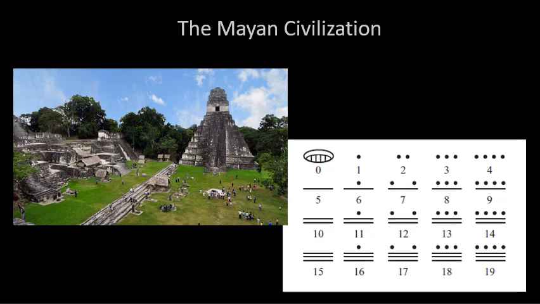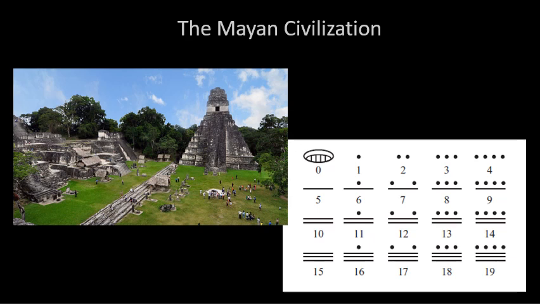Now, the good thing about this civilization is that they had a form of writing, which were hieroglyphs, and for numbers, they had a specific number system. So what you see on the lower right here, these are the symbols that they used for counting. It's very comprehensive basically.